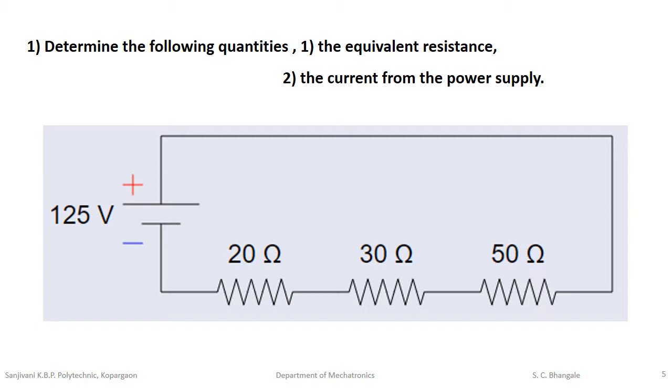For this circuit diagram, we have to calculate the equivalent resistance of the circuit and the current flowing through the circuit for the voltage of 125 volt.